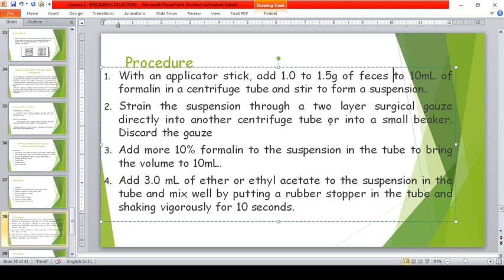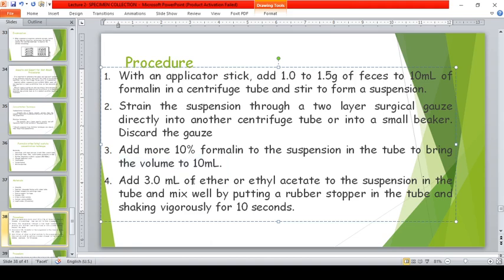Okay, into another centrifuge tube or into a small beaker, and then maglalagay ka ulit ng 10% formalin para mabuo siya ng 10 ml. Kailangan mo ulit buuin yun kasi nga meron kang in-strain and meron kang tinapon. So, kompletuhin mo yung volume na 10 ml.